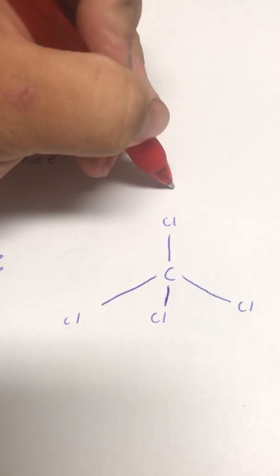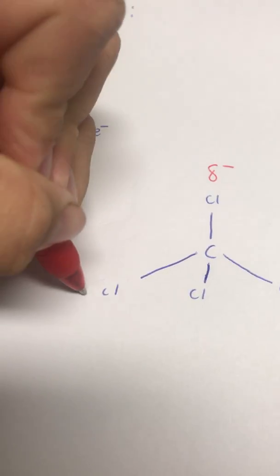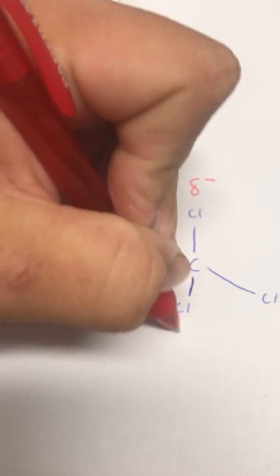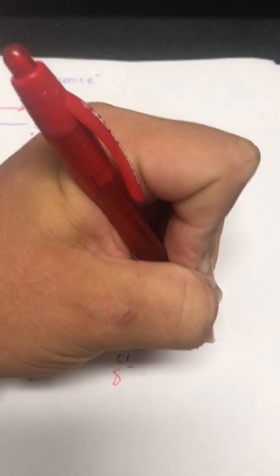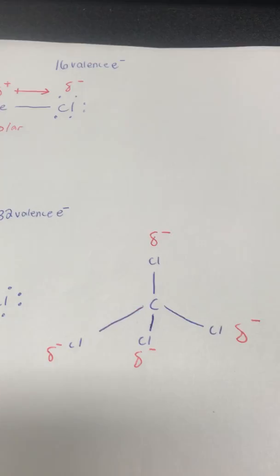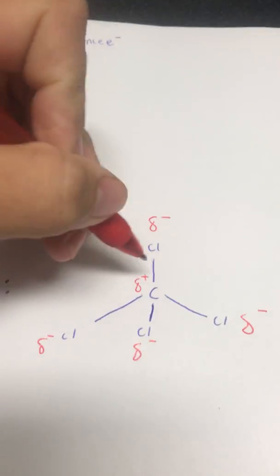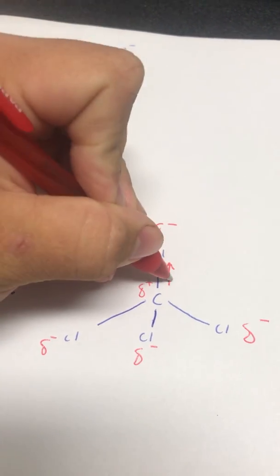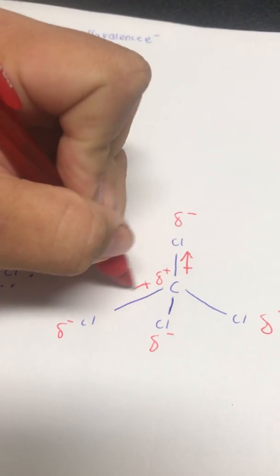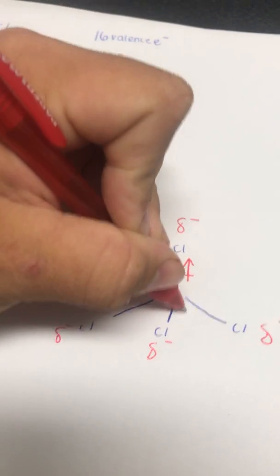Chlorine is more electronegative, so it will have partial negative charges, and carbon will have a partial positive charge. We will have equal dipole movements towards all 4 of the chlorine atoms in this molecule.